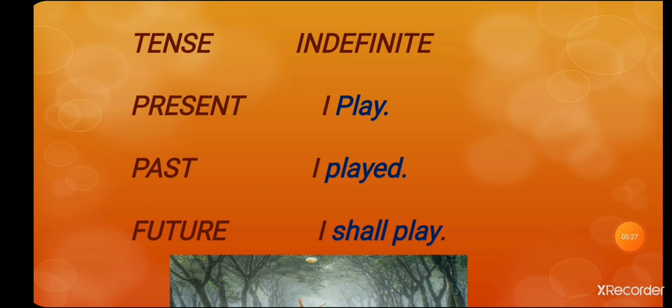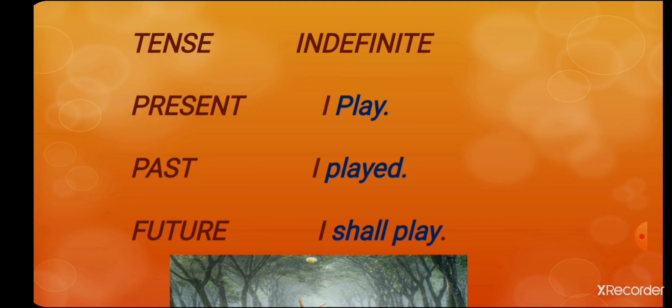Yes, students, for present tense, when we talk about present definite, then students, we use verb first form like I play. Okay, here I play. The verb play here refers to present time. So it's present tense.